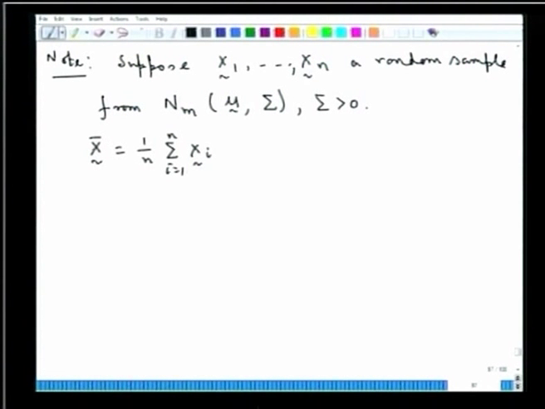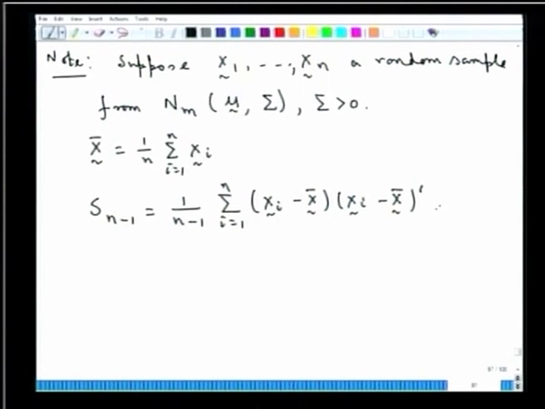This is the sample mean random vector, and S_{n-1}, which is 1 upon n minus 1 summation i equal to 1 to n of (xi minus x bar)(xi minus x bar) transpose. So we have these two quantities of interest, x bar and S_{n-1}.